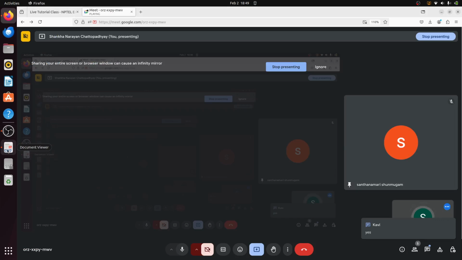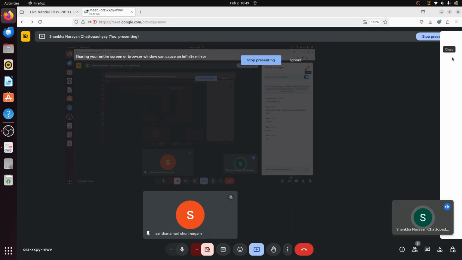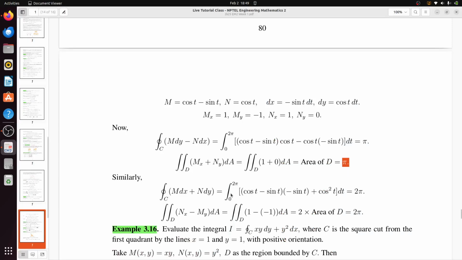Solve it guys, because it is a live tutorial class. So first you need to identify what is your m and what is your n. So your m is xy and your n is y square.